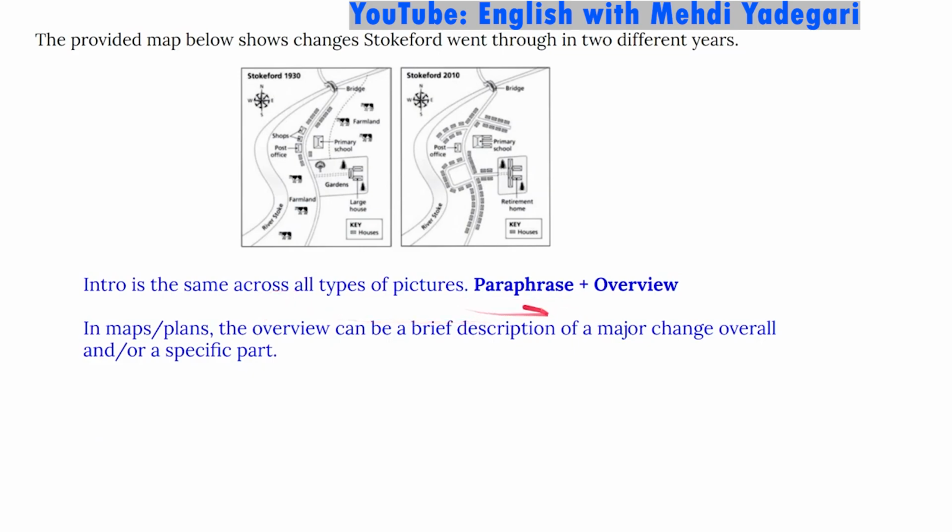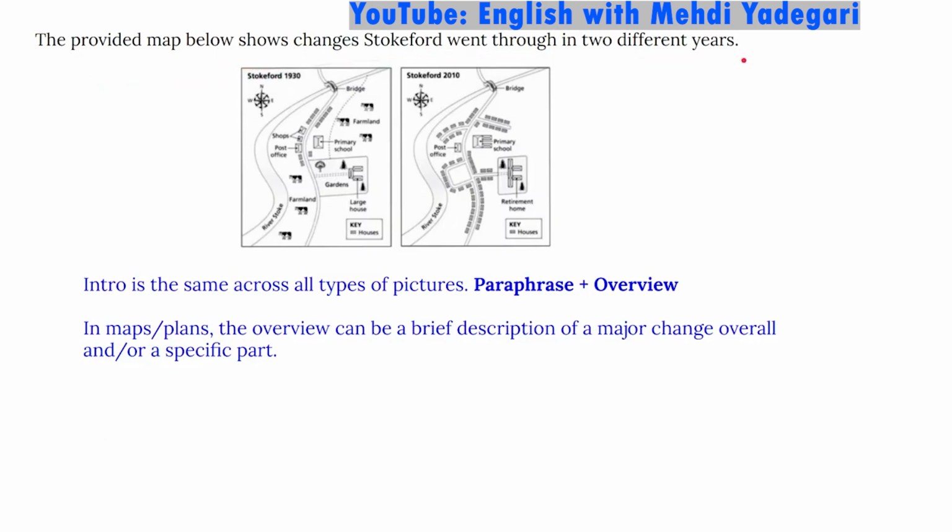So we paraphrase the prompt and then we write the overview. And in maps and plans, the overview can be a brief description of a major change overall and or a specific part. Paraphrasing is very self-explanatory. We change the verbiage, the words, and the grammatical structure of this sentence so as not to sound the same.